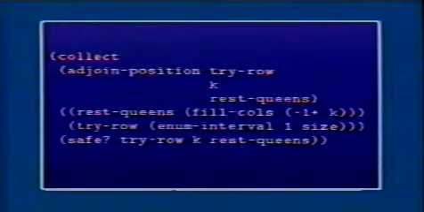It takes a row and a column and a rest of positions and makes a new position collection. So I adjoin a position of a new row and a new column to the rest of the queens, where the rest of the queens runs through all possible ways of solving the problem in k-1 columns, and the new row runs through all possible rows such that it was safe to put one there.